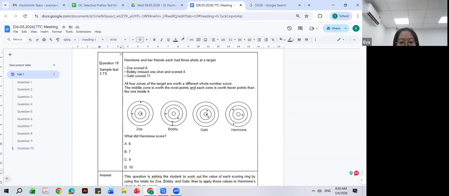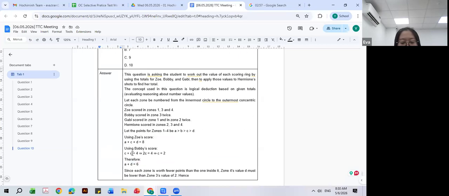And we check Bobby's score. Bobby's mark is 2 points for the third region, and we call the third region C. So Bobby has C plus C equals 4. From this, we can find C is 2. So we substitute C into this equation, we will find A plus D equals 6.